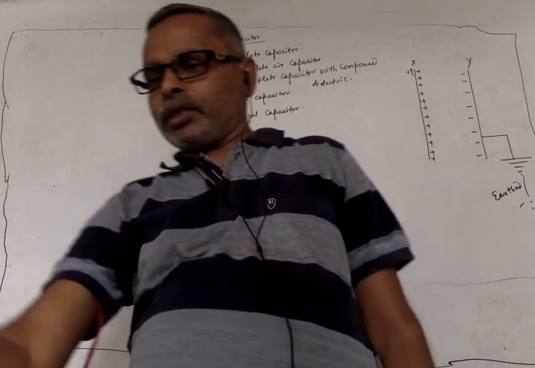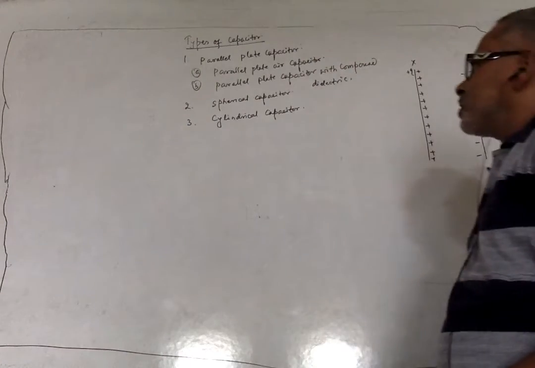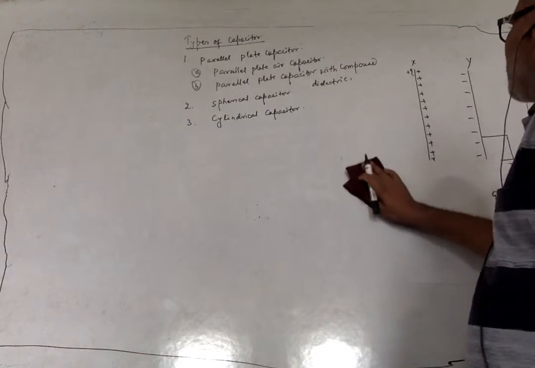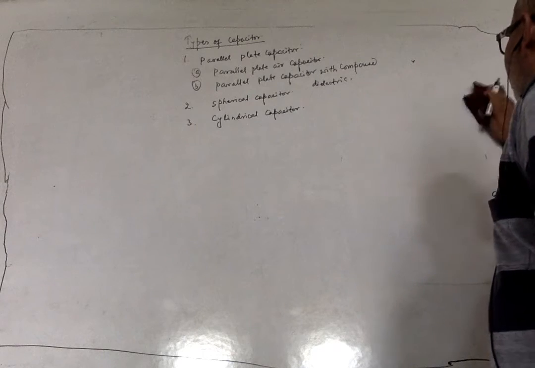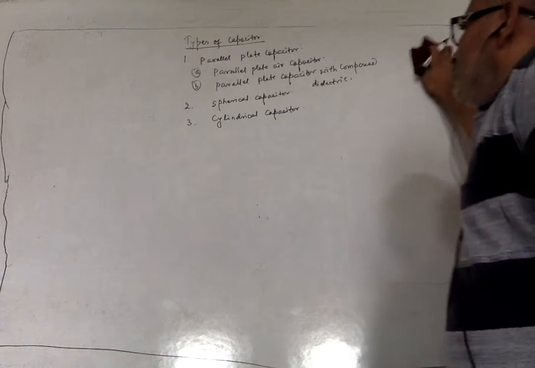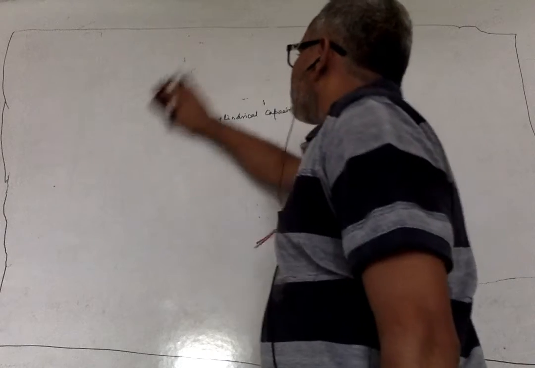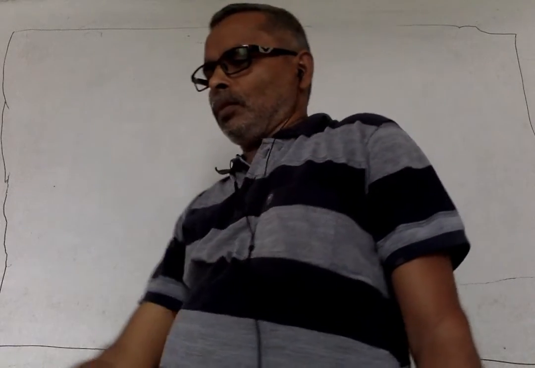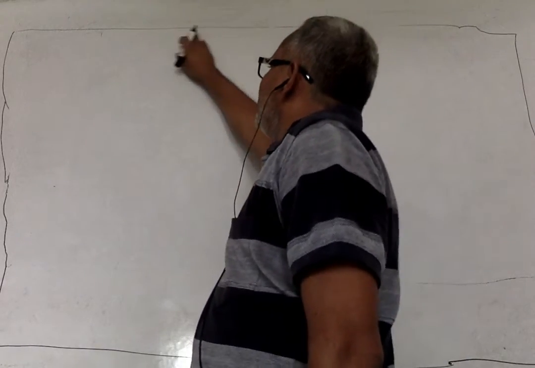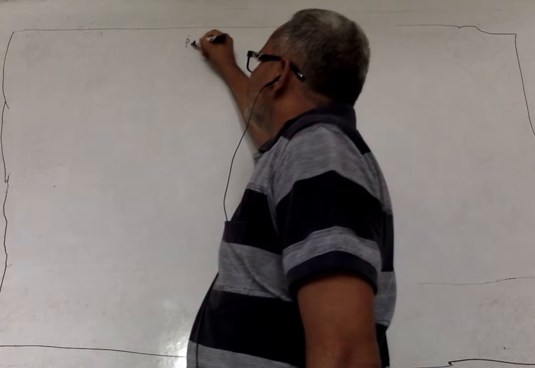Now we have to obtain the expression for capacity of a parallel plate capacitor.